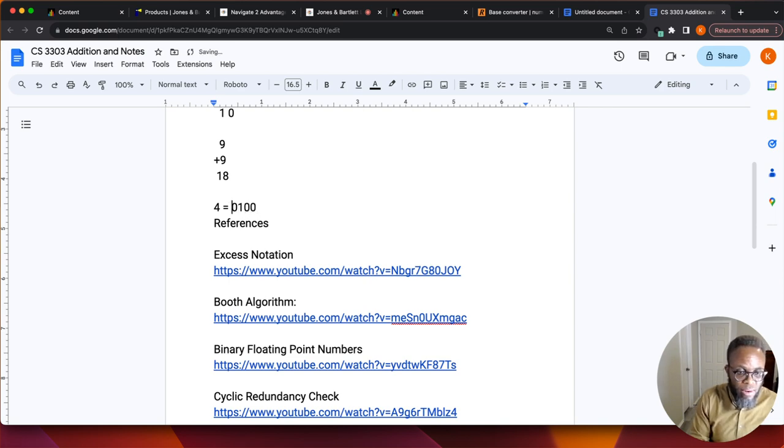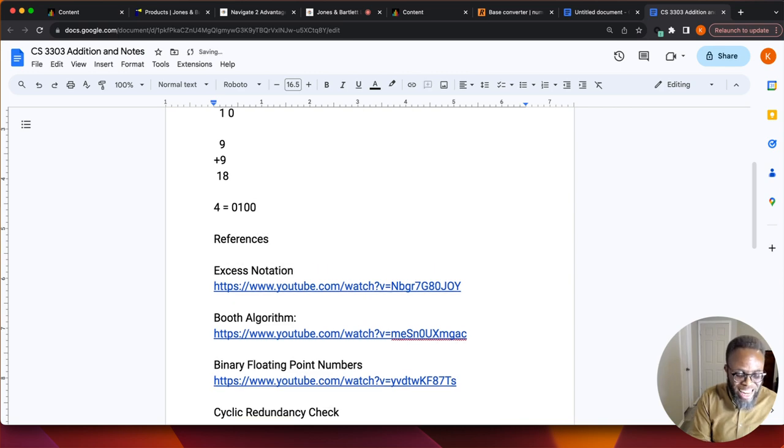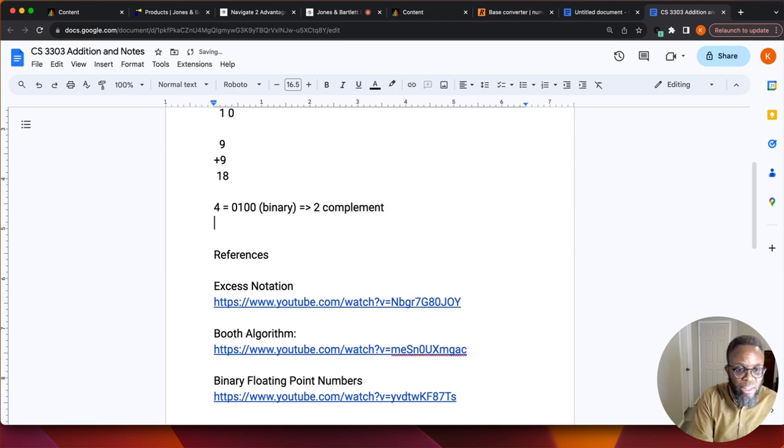Okay, so that's 0, 1, 0, 0. This is 4. This is 4 represented in binary or 2's complement. Now to represent this in 1's complement, you just convert the zeros to 1 and the 1's to 0, and you add a 1.